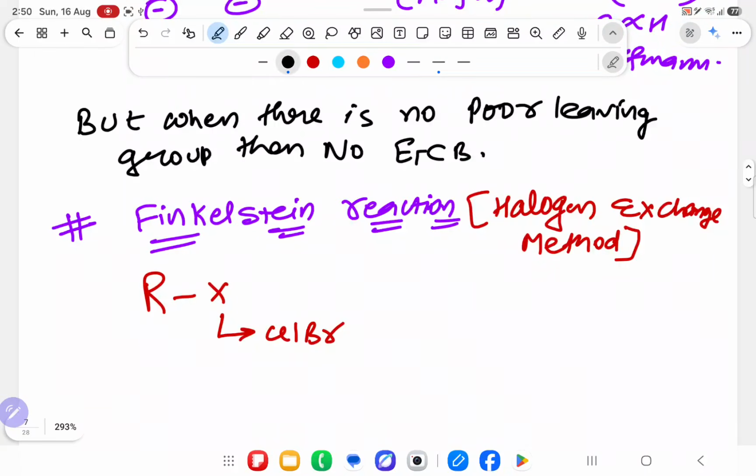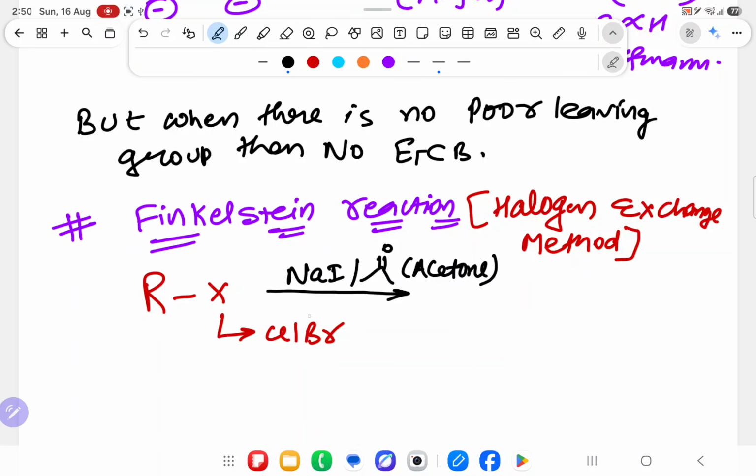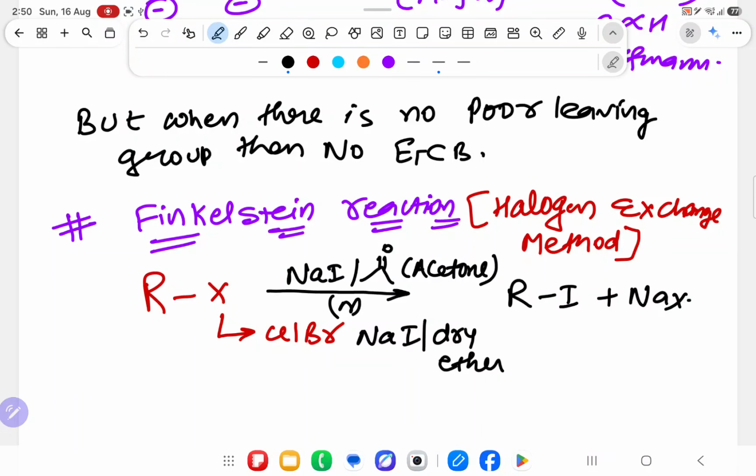We form it by using the free radical mechanism. Then I take NaI in the presence of acetone. This is acetone. Or you can say NaI in dry ether. Anything you take, what will happen? RI will form and NaX will form. Any problem with that?